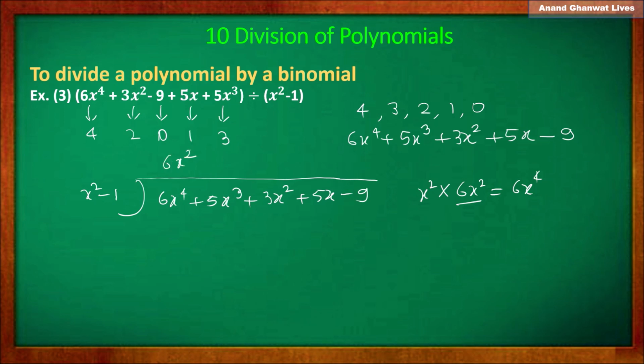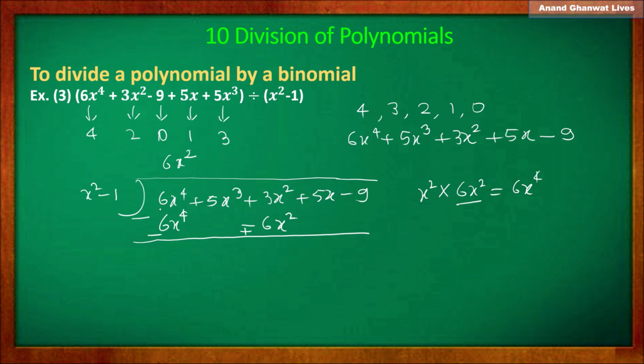So 6x square into x square, that is 6x raised to 4, and 6x square into negative 1, that is negative 6x square. Here we have to take precaution that you should write the product so that the terms below the terms should be like terms. While subtracting, change the signs of each term.